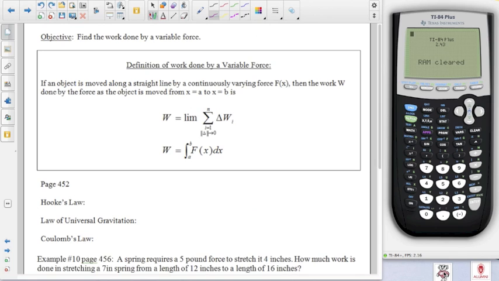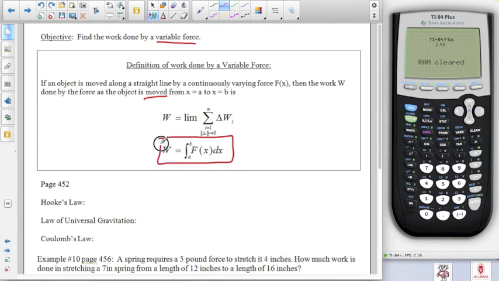In dealing with non-constant forces, or variable forces, we get into our calculus definition, and that is finding the incremental work done as we move or stretch something from position A to position B, stretching being mainly in regards to a spring. I put this out a couple slides ago. Here's that expression using calculus where we need to come up with a force function, and that force function will change depending upon where we are on the path from A to B.